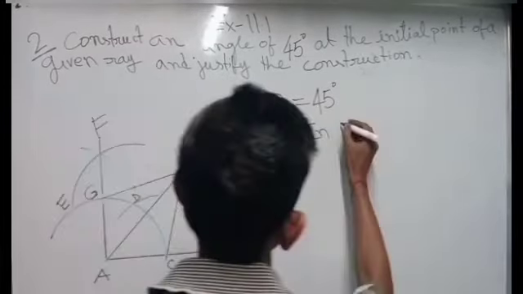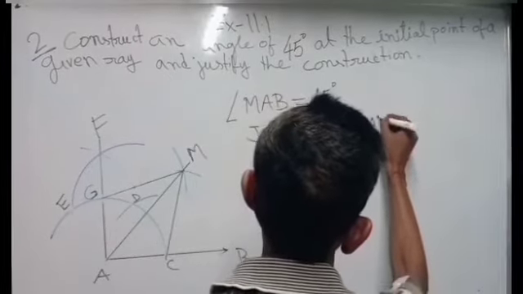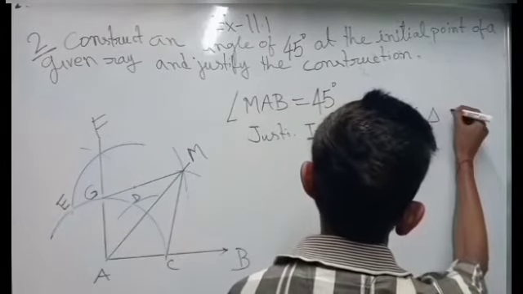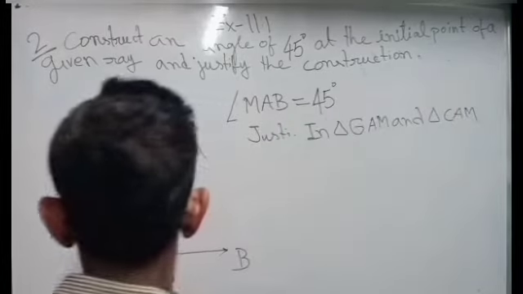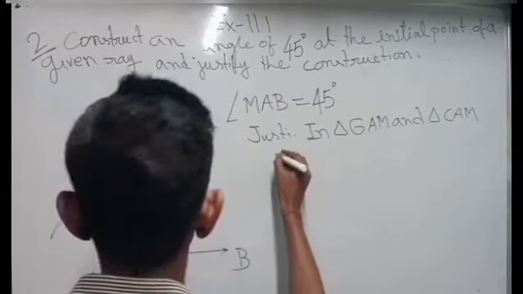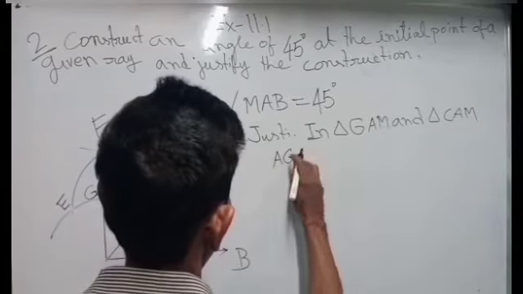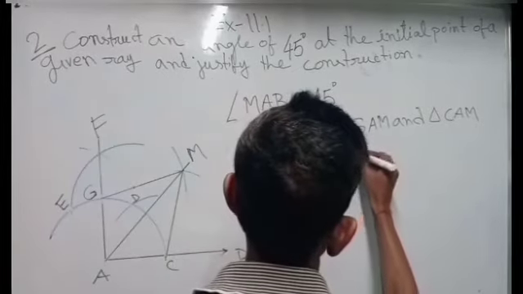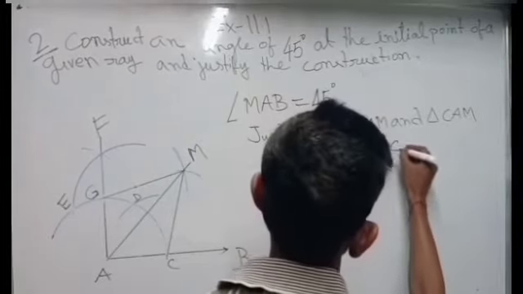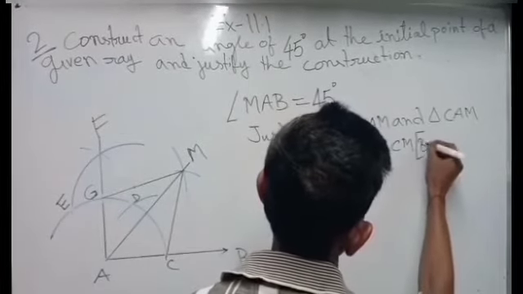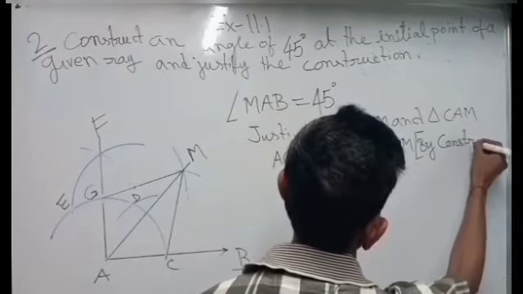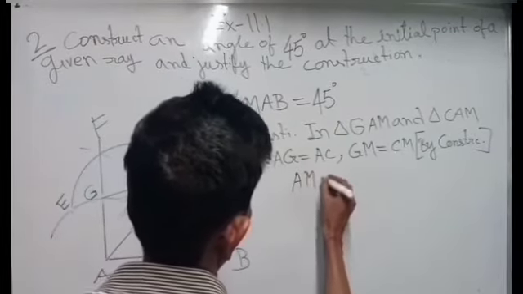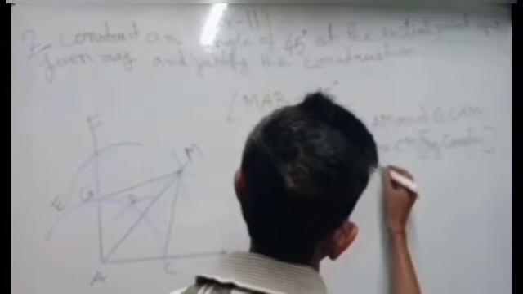In triangle GAM and triangle CAM, AG equal to AC, GM equal to CM by construction, and AM equal to AM, common.